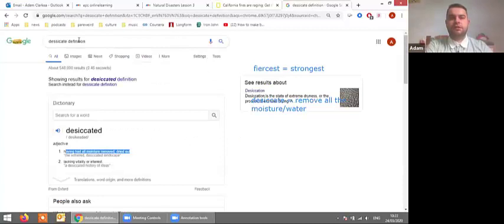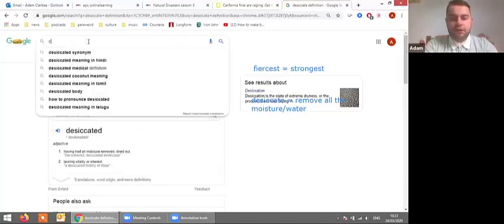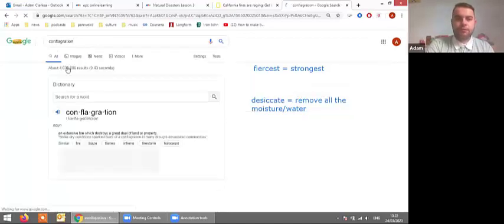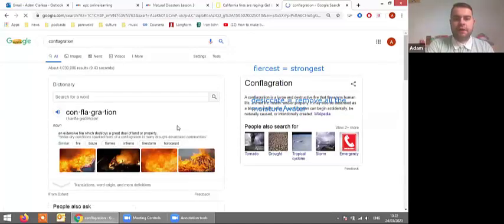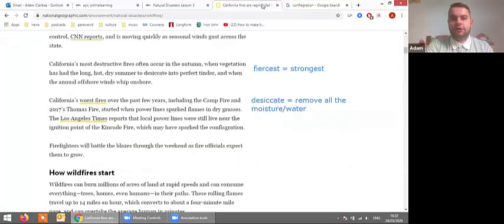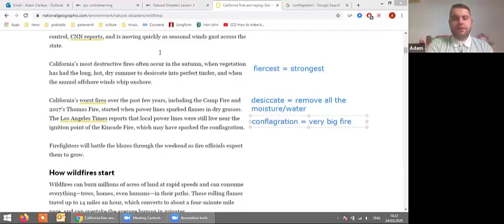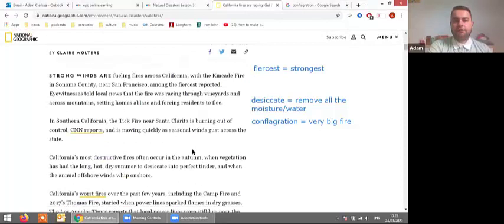Conflagration means a very large fire. Good word to use. Firefighters will battle the blazes through the weekend as fire officials expect them to grow. So these are the problems with California's wildfires.